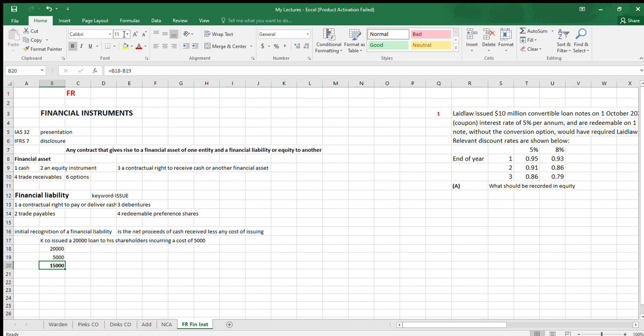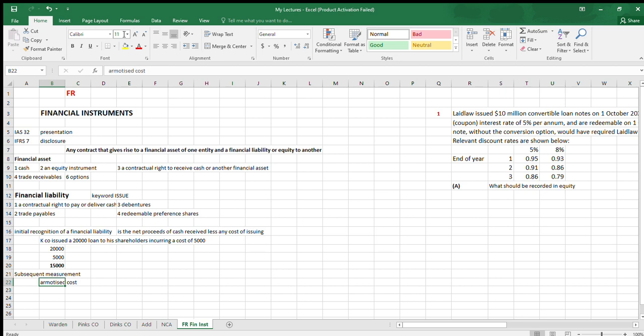Now we have subsequent measurement, and this subsequent measurement will continue from where you ended the initial recognition. So now the subsequent measurement is under an amortized cost.